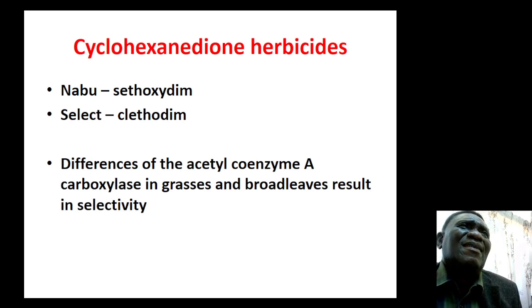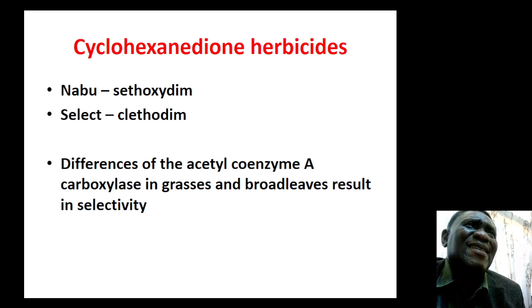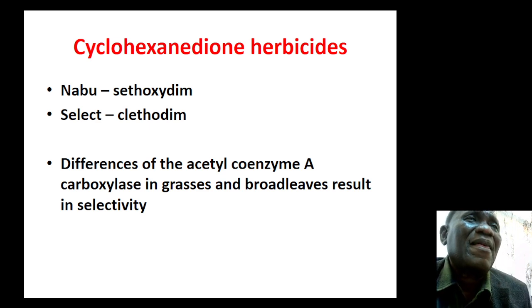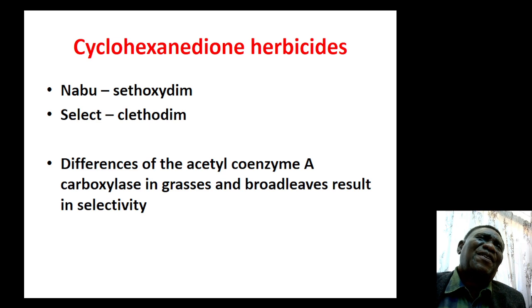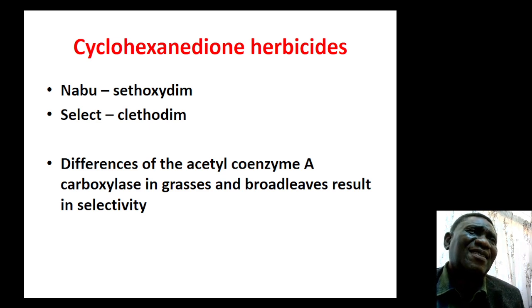Cyclohexanedione herbicides, we have sethoxydim, or Select, clethodim. These are used in broadleaved crops. Differences in acetyl coenzyme A carboxylase in grasses and broadleaves, as we have said, will result in selectivity.